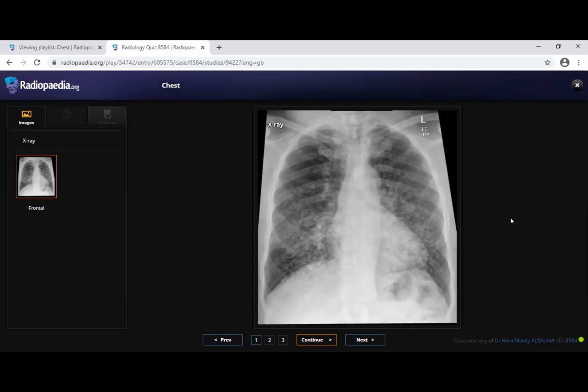So where would you look for the primary? First, I think this patient is male because there is no breast shadow, so I cannot assess the breast. No bony lesion, no surgical clips.